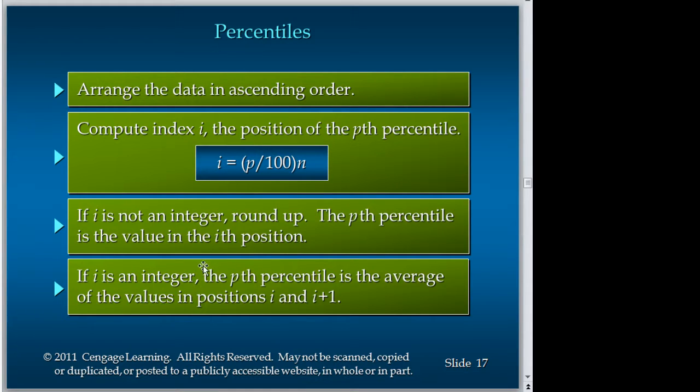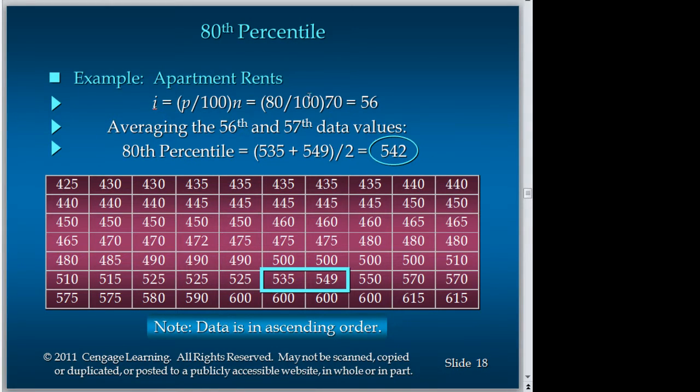Remember, if the result of this formula becomes an integer value, then the pth percentile is going to be the average of the i and i plus 1 values, right? We did that in here because the result of i was 56, a nice integer number with no decimal point. That's what I mean by an integer number, right? So in that case, we don't just use this number, 56. We use 56 and 57 and get the average, right?